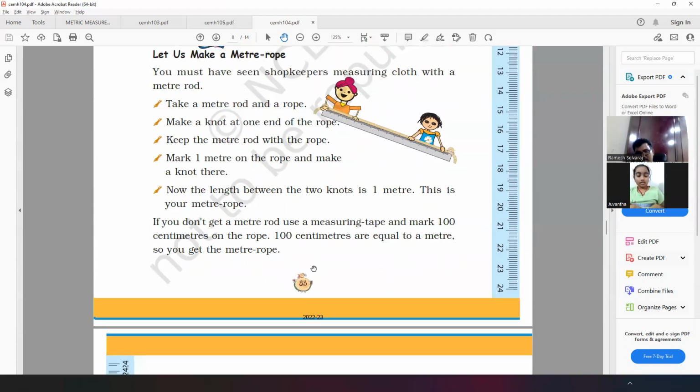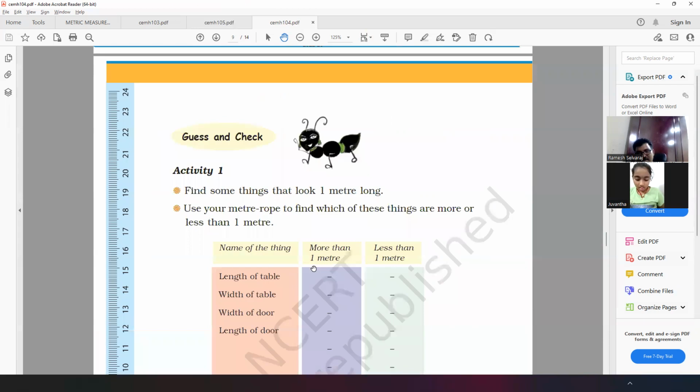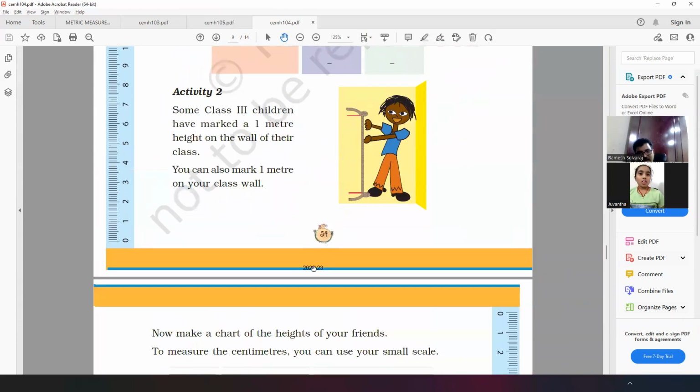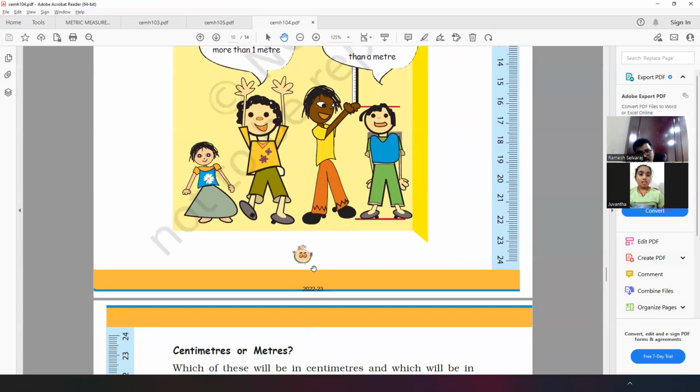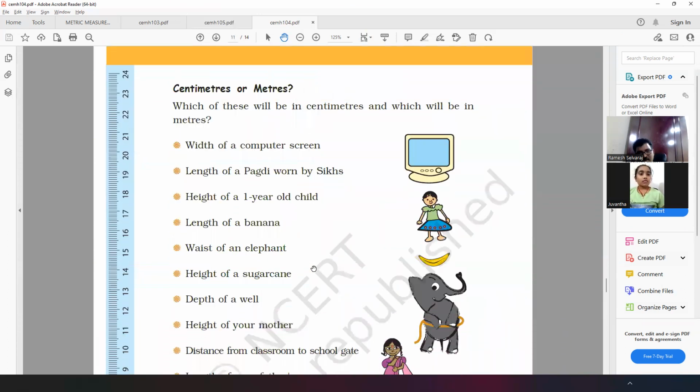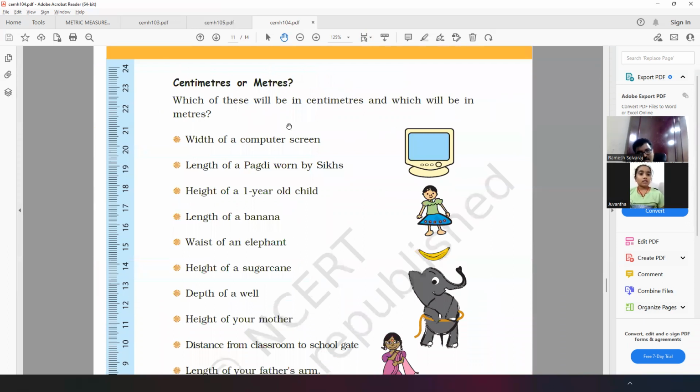Now let's see some other example. Guess and check. These things will be an activity only. Which of these will be in centimeters and which will be in meters? Centimeter is smaller size. You have seen, right? Meter is a bigger size, because 100 centimeter is 1 meter. So it's a bigger one.